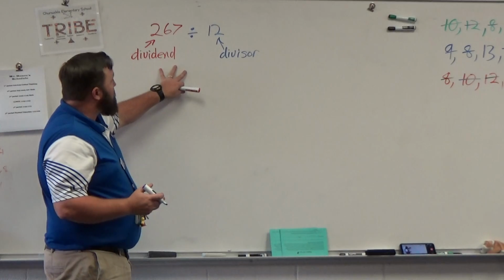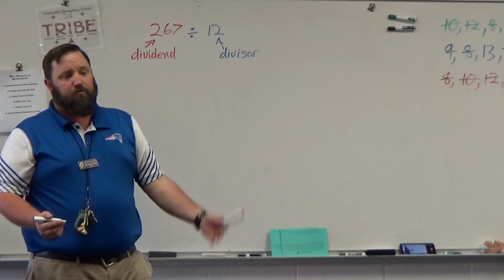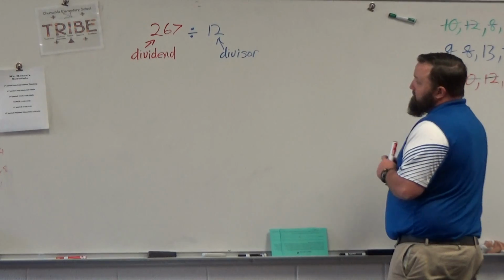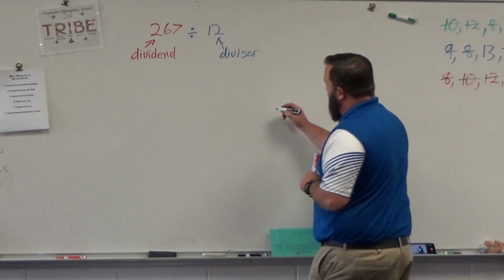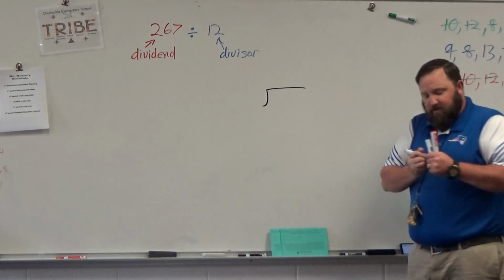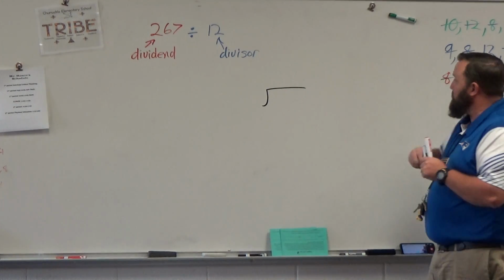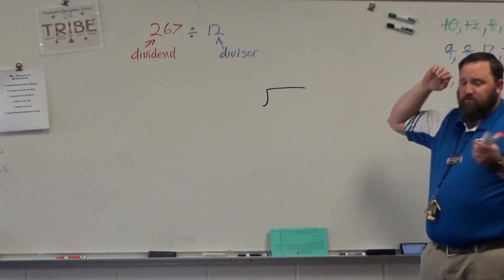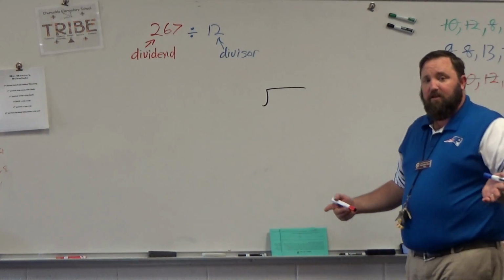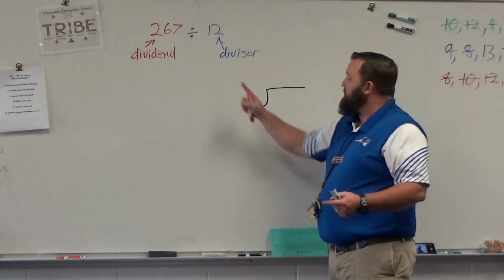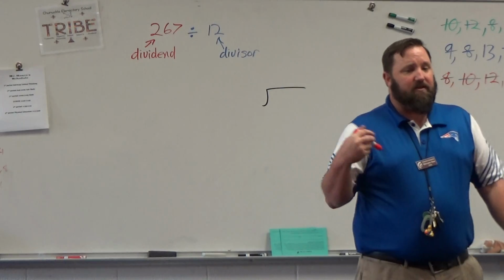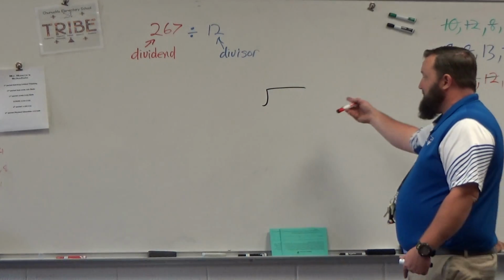So when we go to solve this, and I told a couple of you to write this on your papers today, we know when we solve division problems, we use our little division symbol here. Some teachers, we talked about today, some people may have told you it was a house, or some teachers may have told you it was something else. Well, the question that everybody forgets is which one of these numbers goes inside here, and which one is on the outside. The dividend lives in the house.